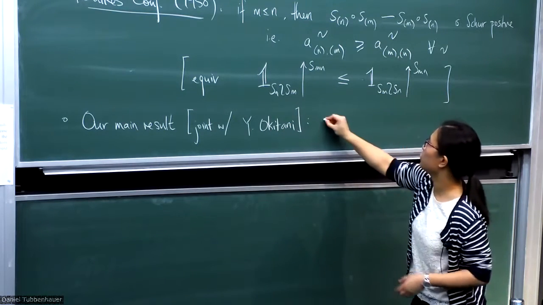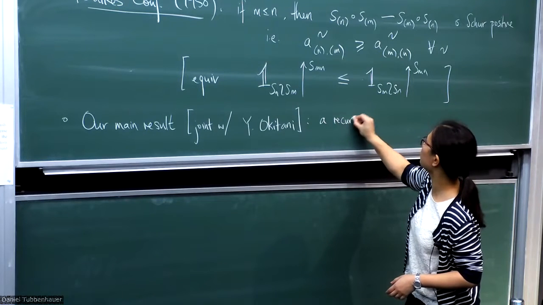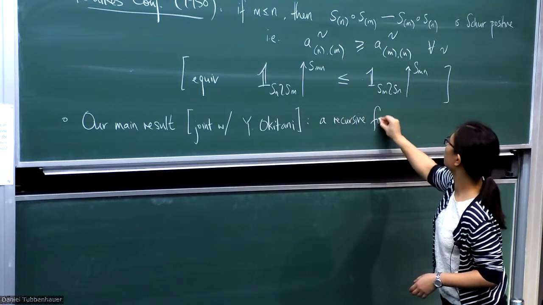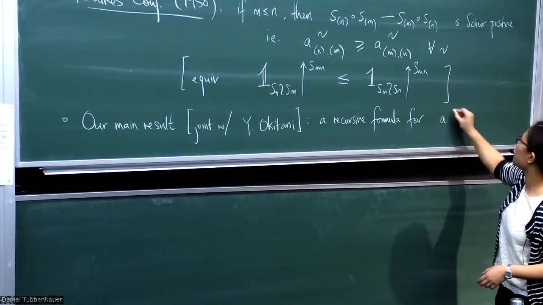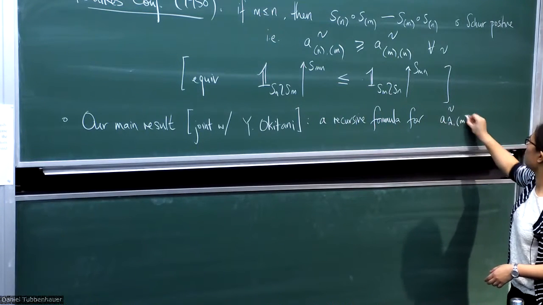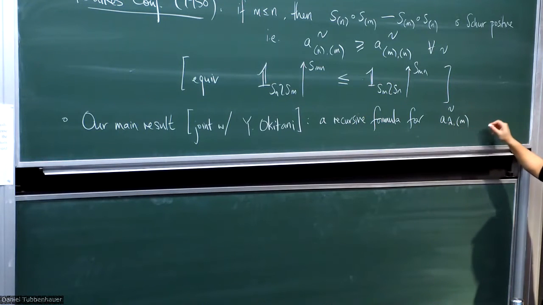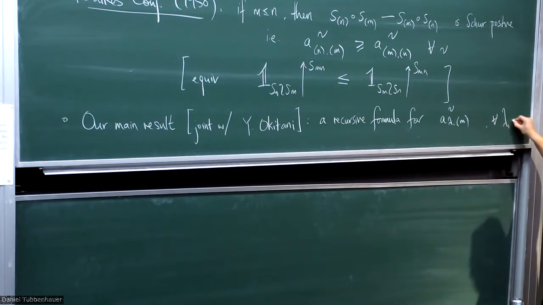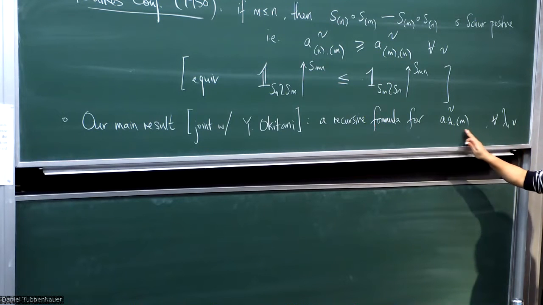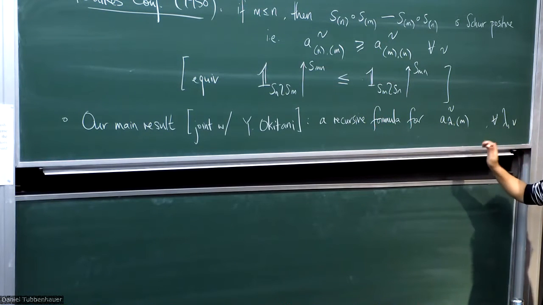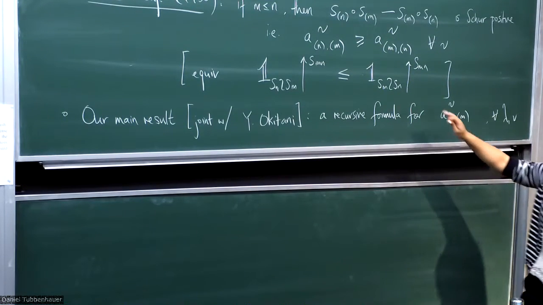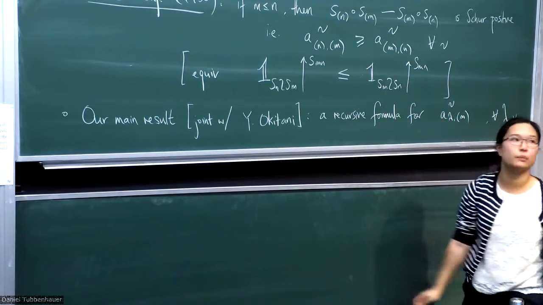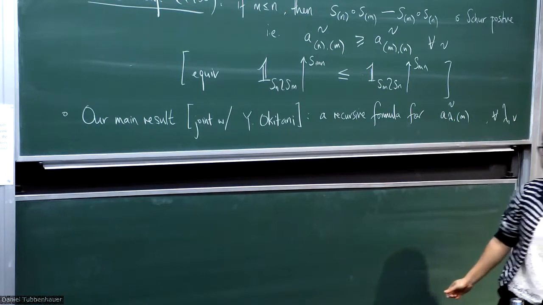What we did was prove a recursive formula for the class of plethysm coefficients where the mu and lambda are arbitrary, but the mu parameter here is the trivial partition. So in particular, this encompasses those plethysm coefficients appearing in the Foulkes conjecture.